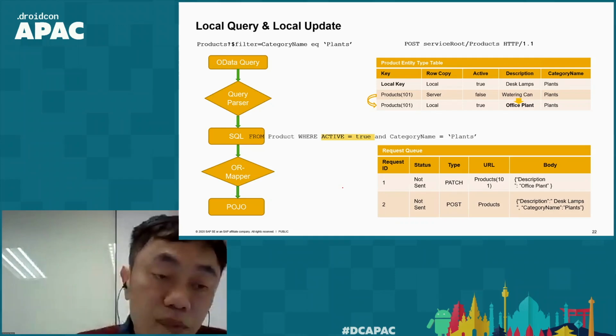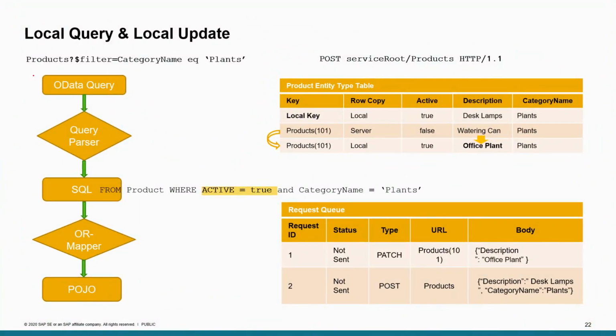Next, let's take a look at how our Android SDK handles the local query and local update. For the local query, our SDK is able to understand OData. This is the typical OData query. You give the OData query to our SDK, and our Android SDK will convert it to SQL using the OData parser.